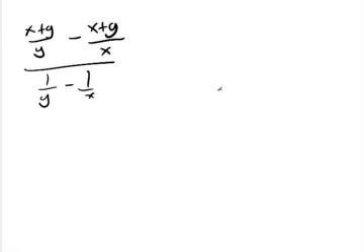Simplification of the complex fraction x plus y over y minus x plus y over x, all divided by 1 over y minus 1 over x. We'll multiply x plus y over y by the value of x over x.